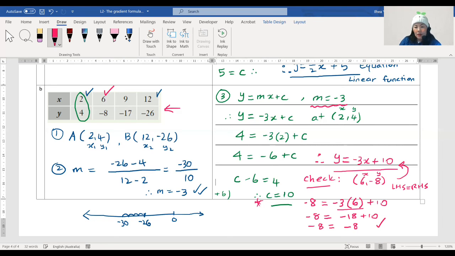Yes, it's happy with that. Left-hand side equals right-hand side. So therefore, this equation, this linear function, is correct for this table of values. But the answer is just the gradient, m equals minus 3. That's all for now. Thank you. Bye.